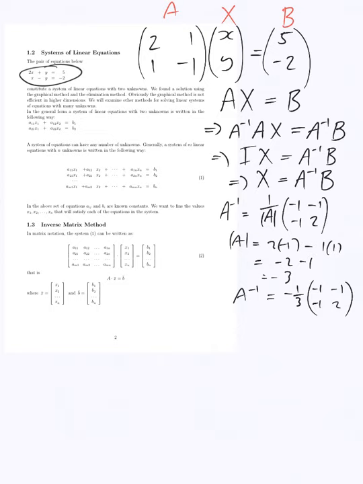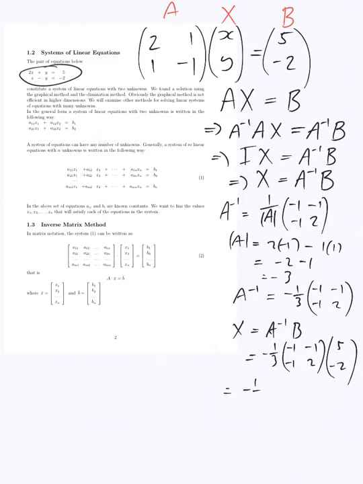So our solution should be X is equal to A inverse times b, is equal to minus 1/3 times this matrix times b, which is that.